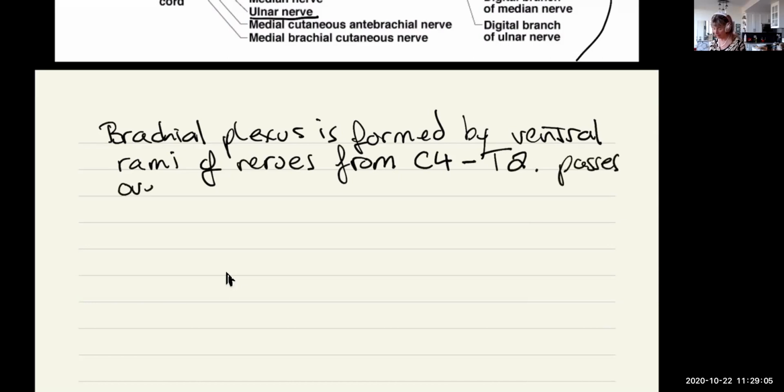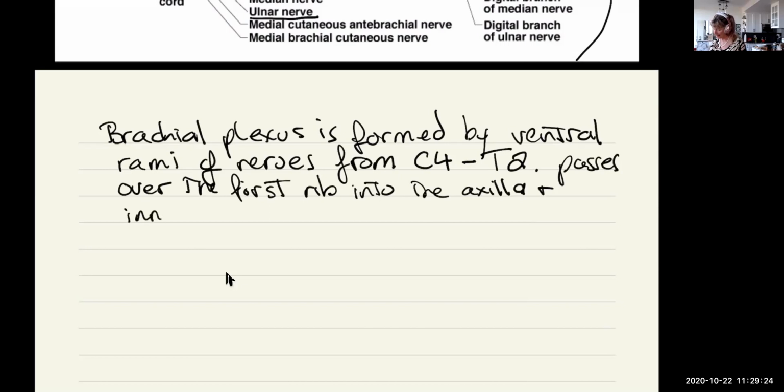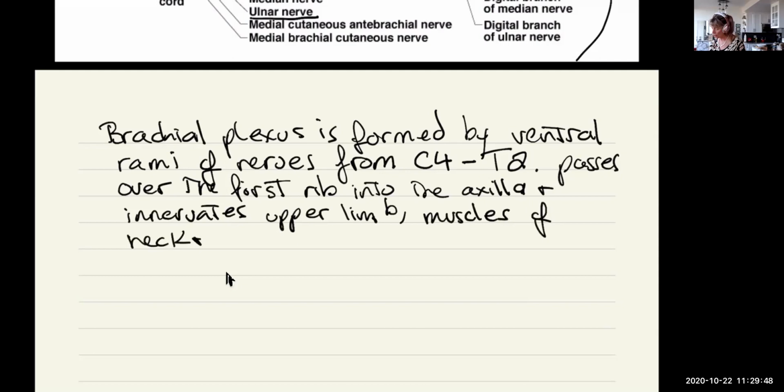It passes over the first rib into the axilla and innervates the upper limb and muscles of the neck and shoulder.